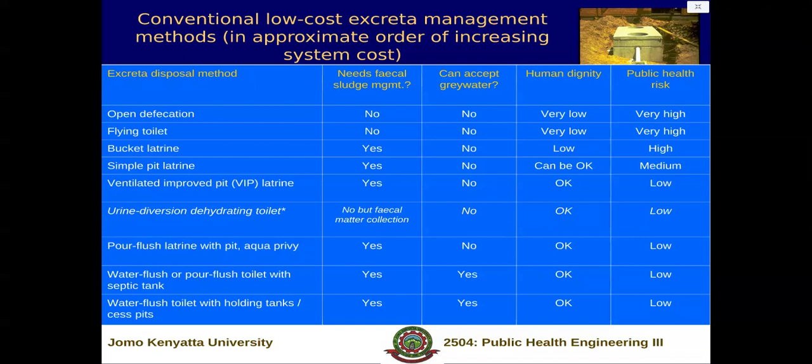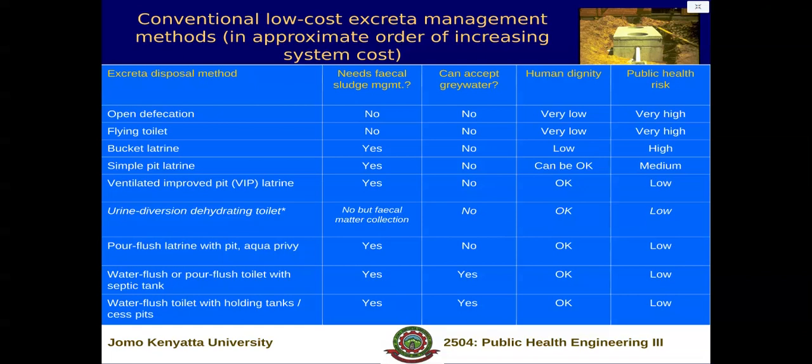Why are we doing that? So the first thing is the capacity to collect the waste. Secondly, it must be able to treat it safely to reduce public risk. And the third is that we do it in a dignified manner. We are giving people dignity.